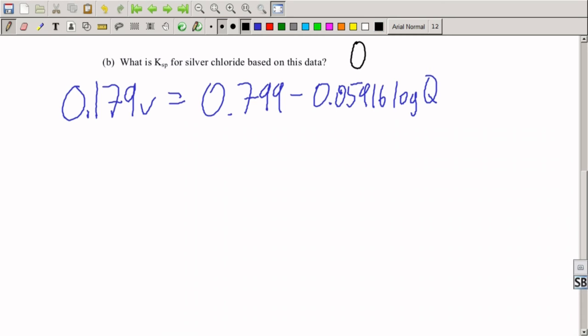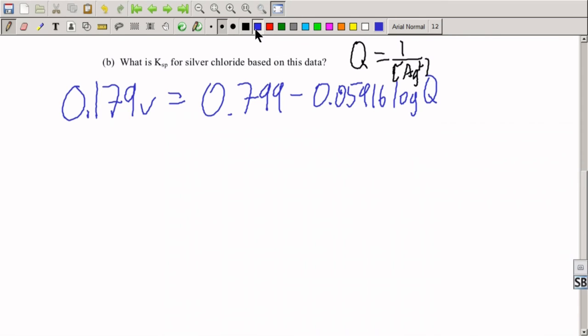If we solve for Q, it's the reciprocal of the silver ion concentration. So let's take 0.799 from both sides. So what's 0.179 minus 0.799?